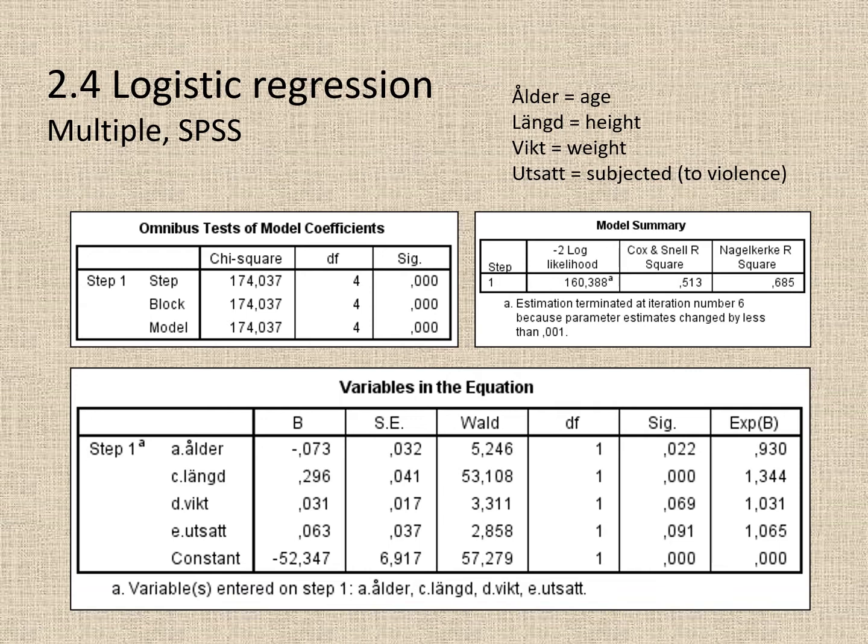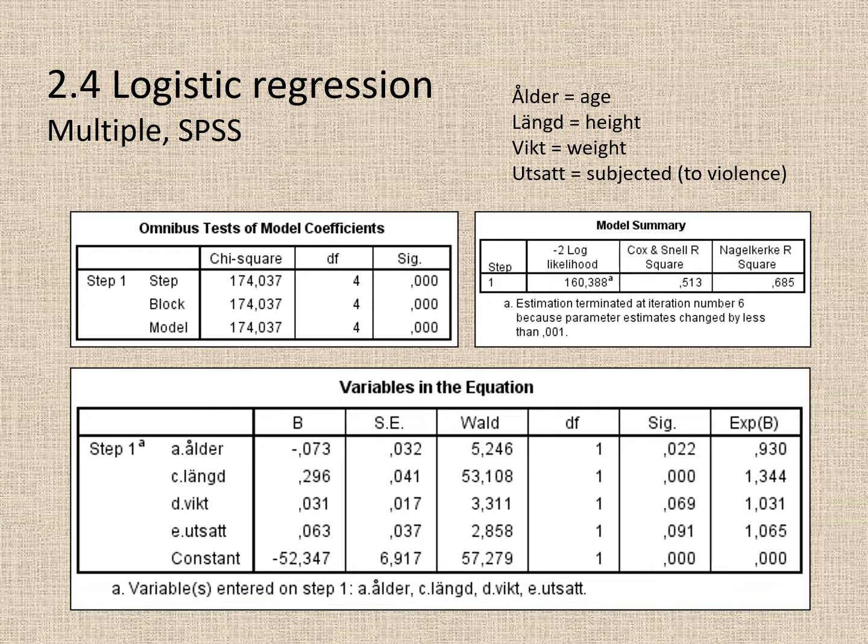What is the difference between regression coefficients in a multiple regression and simple regression? All other predictors are kept constant, if you express it like this. So if we keep age, height, and subjection to violence constant, what kind of association does weight have with the odds of being a man?